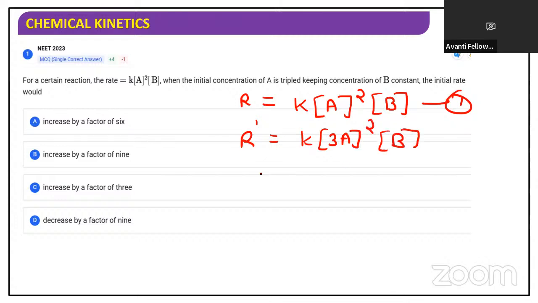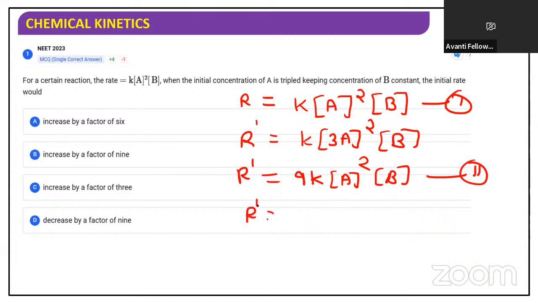B को same रखो. कितना आएगा ये? 3 का स्क्वायर 9 हो गया. So this is 9K. A का 2 रहा. B का B रहा. This is equation number 2. Now just compare. So we can say that R dash is 9R. बोल सकते हैं R dash is equal to 9 times of R. यानी they are increased by the factor of 9.